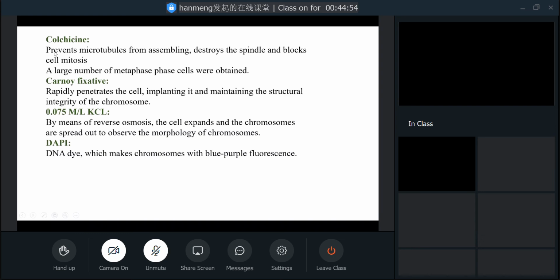So this reagent can block the cell in metaphase. Then we will get a large number of metaphase cells.